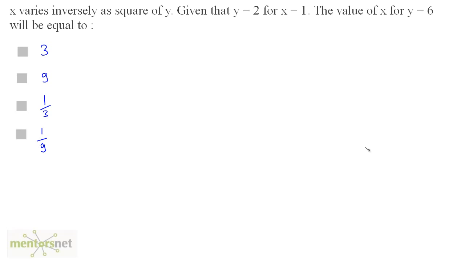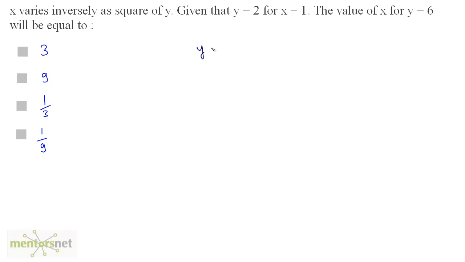X varies inversely as square of y. Given that y is equal to 2 for x is equal to 1, the value of x for y is equal to 6 will be equal to? So you have to find out the value of x when y is equal to 6. Well, x is proportional to y, so we can take the ratio and find the new value for x when y is equal to 6.